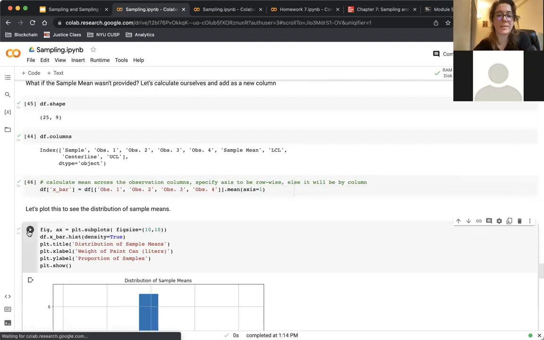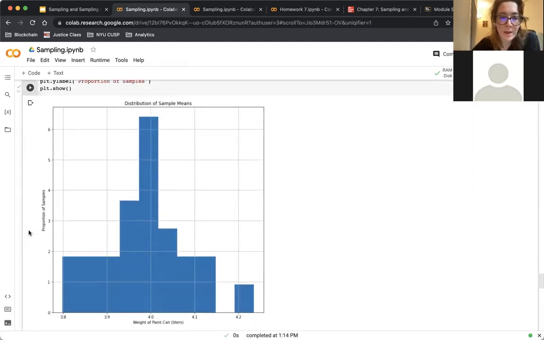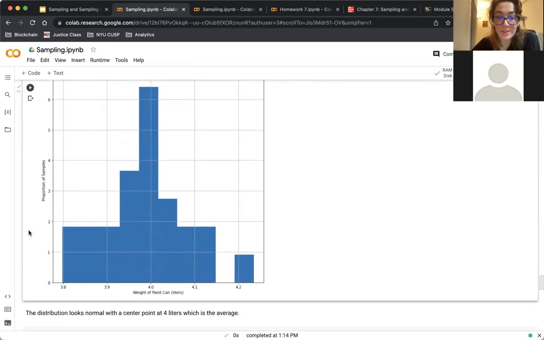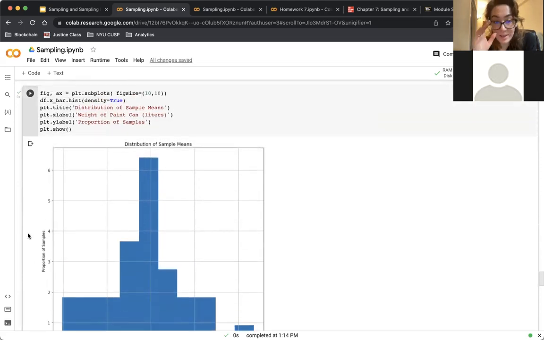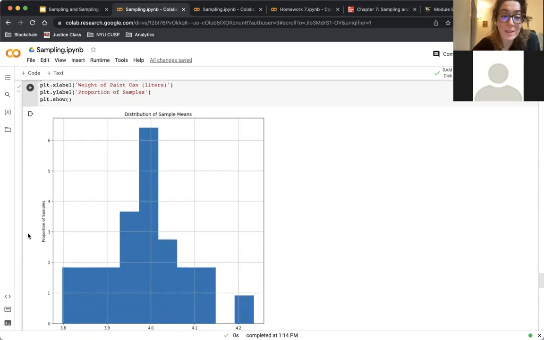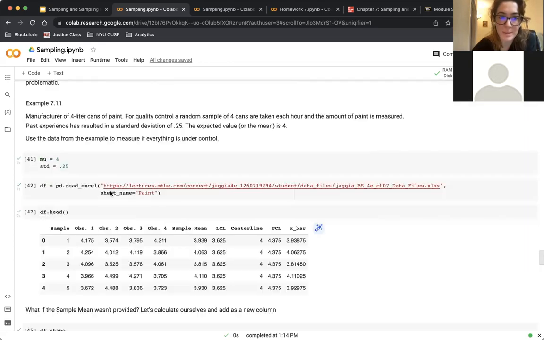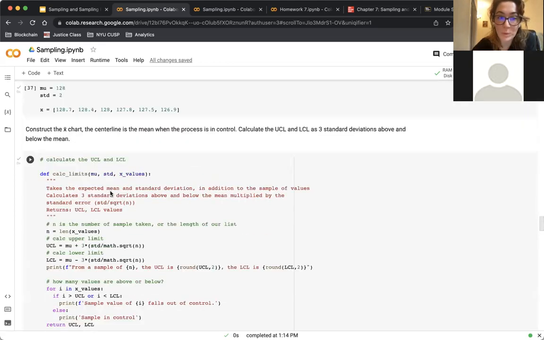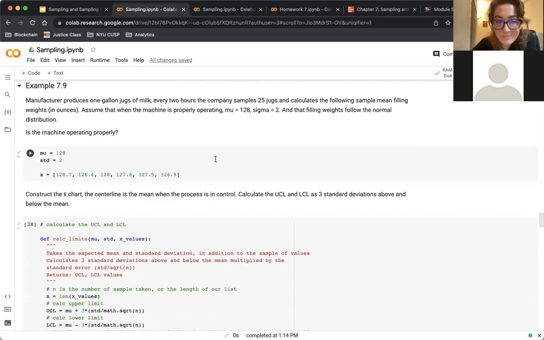So let's plot what those sample means look like, because now we had 25 samples of 4 observations taken, and that is what provides us this distribution of sample means. Just to take a step back, this example wasn't really a distribution that we can plot like that and get a good insight.